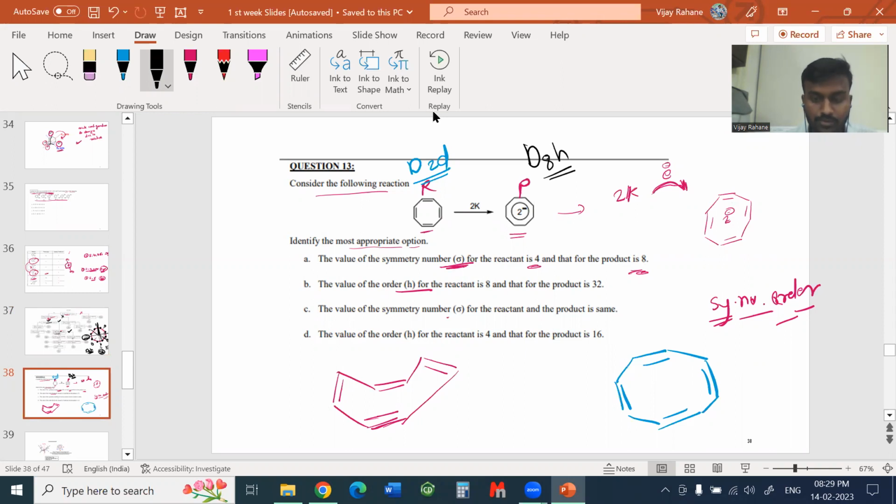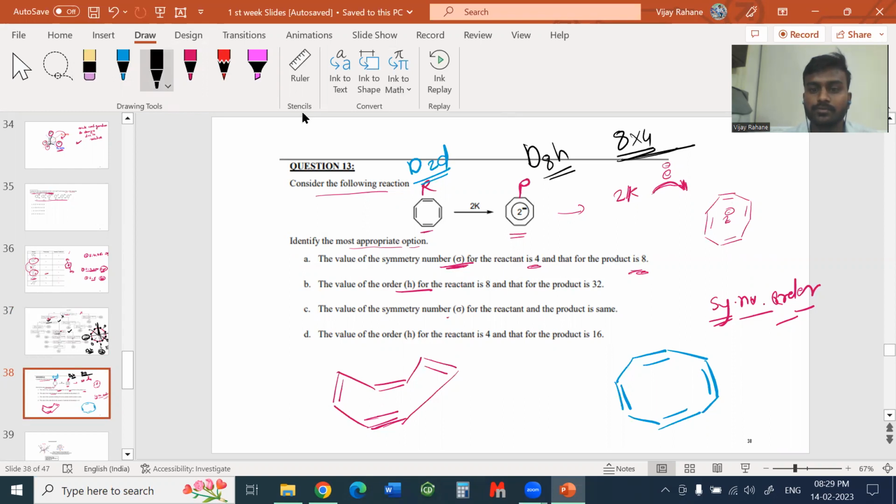And in the case of D8h, we can get the order of this point group. Order is equal to 8 multiplied by 2 multiplied by 2. So this is the formula the professor already told, right? Whenever there is a D, we need to multiply n by 4.